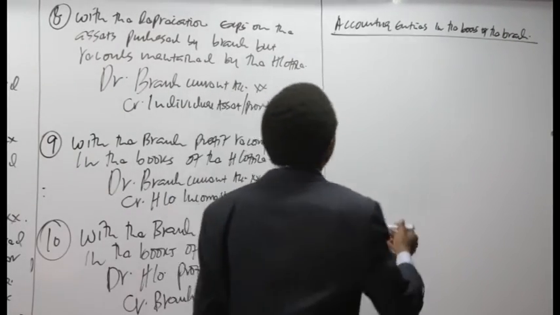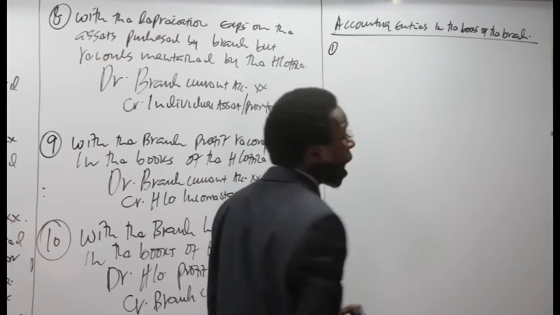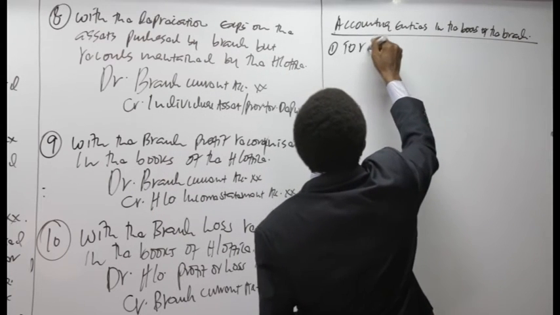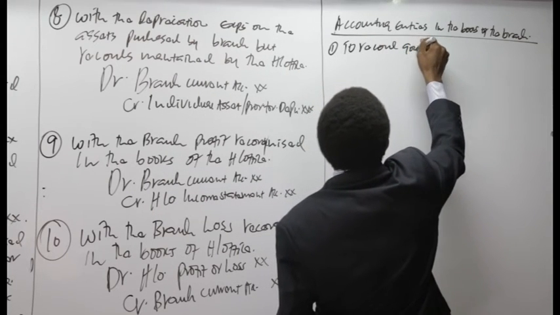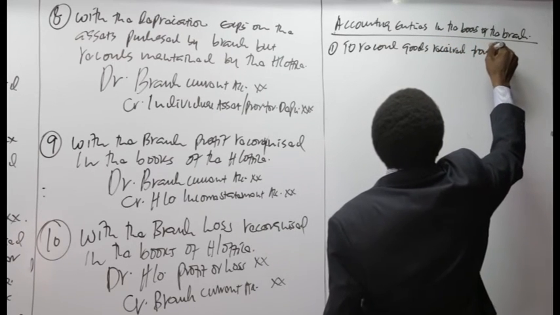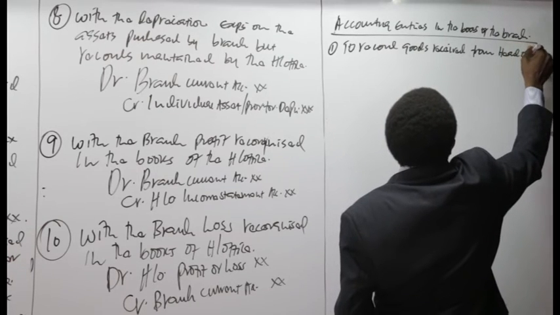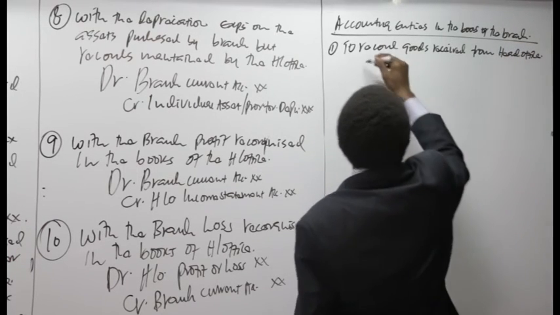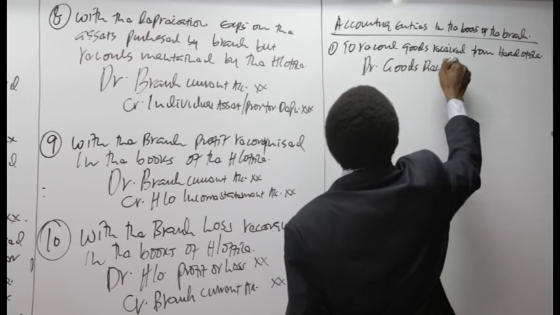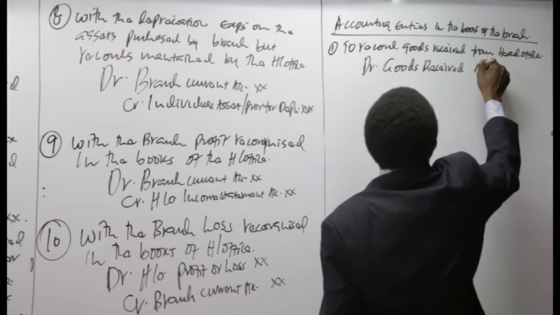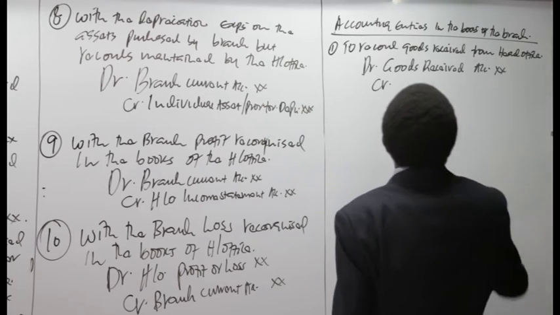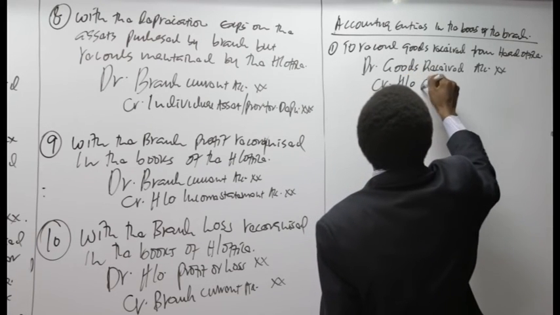So we talk about one, we may have received goods from the head office. So to record goods received from head office, we are going to debit goods received account, and we are going to credit our head office current account.